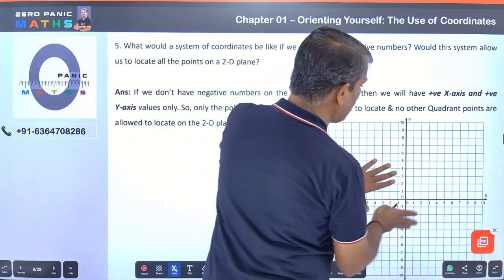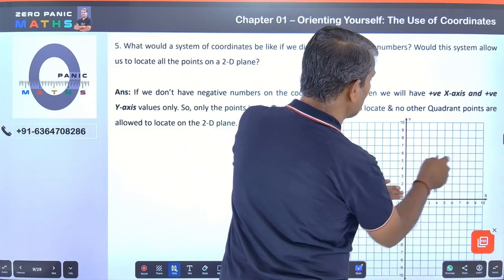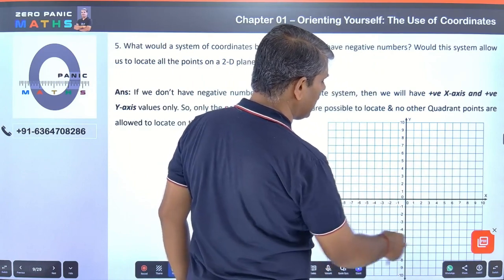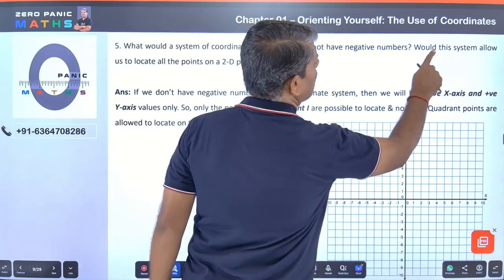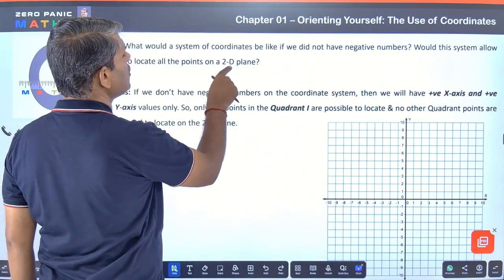If there are no negative numbers, only the first quadrant will be there, wherein both x and y coordinates are positive only. There will not be the other three quadrants, because in any of those, one of the coordinate values will be negative. Would this system allow us to locate all the points on a 2D plane?